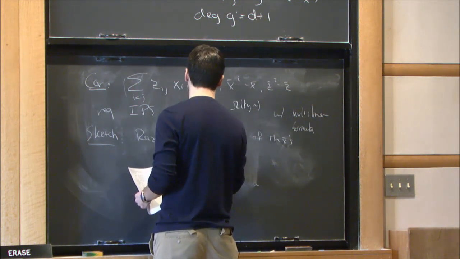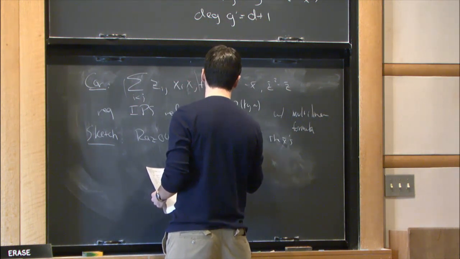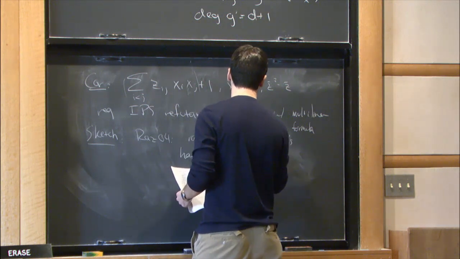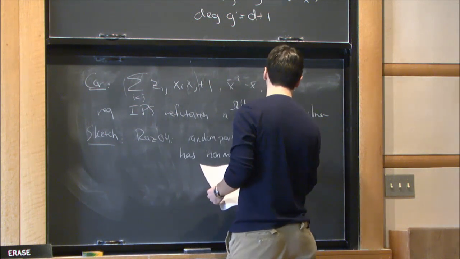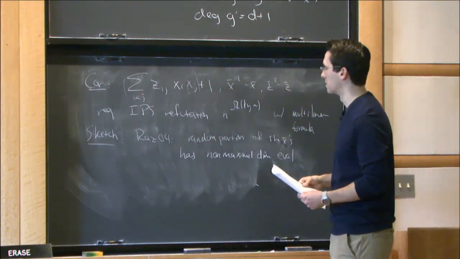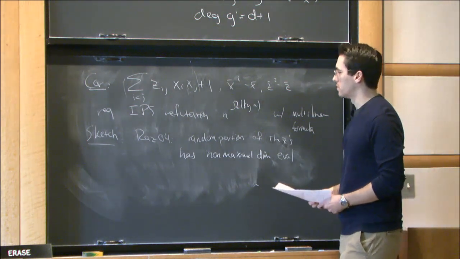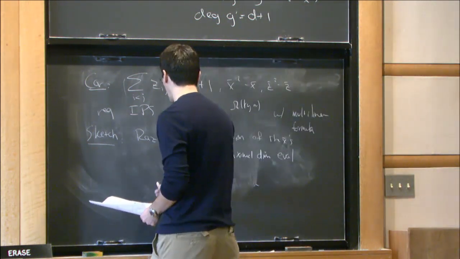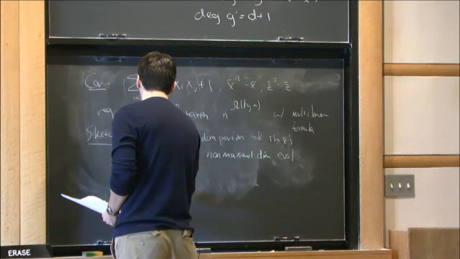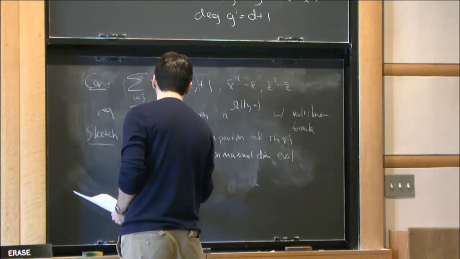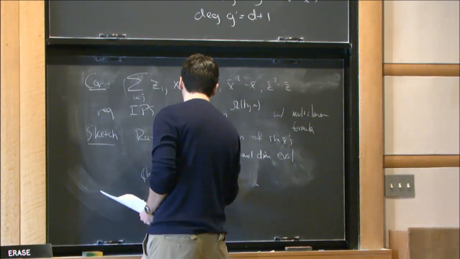OK, so a random partition of the x's has non-maximal dimension of the evaluations. And then what you do is you just choose your z's carefully.